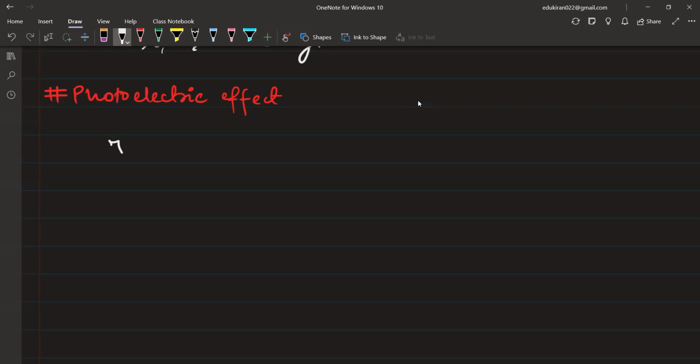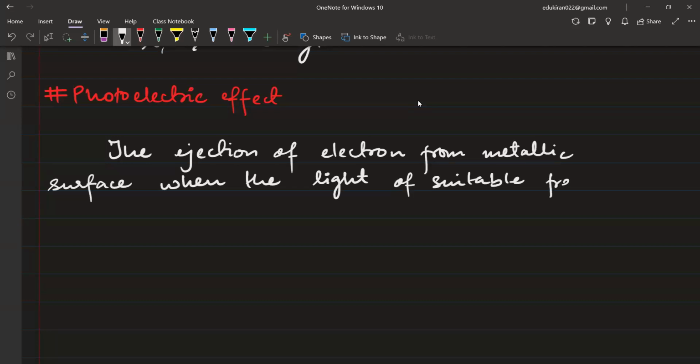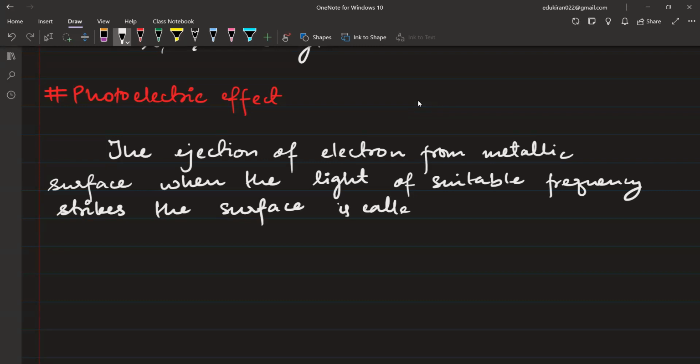The ejection of electron from metallic surface when the light of suitable frequency strikes the surface is called photoelectric effect.